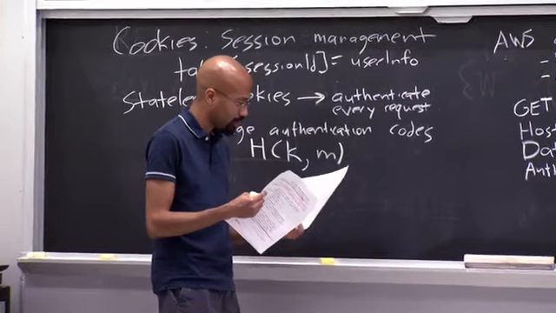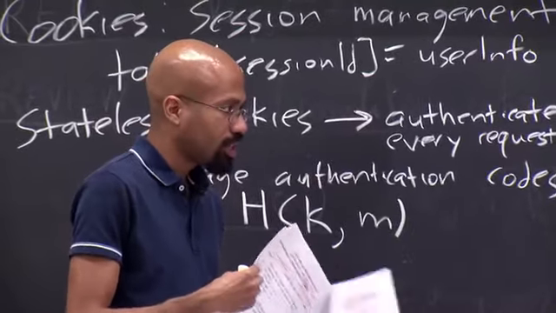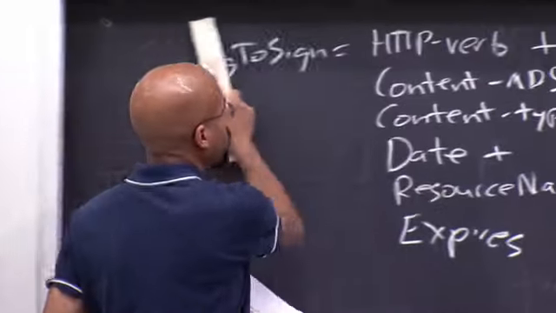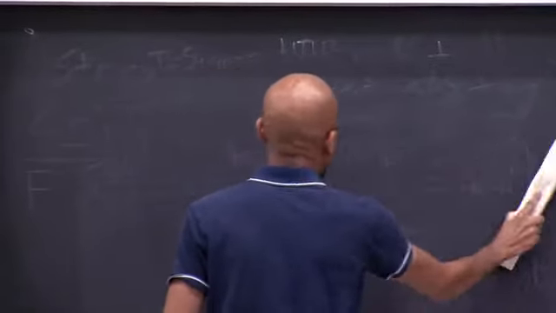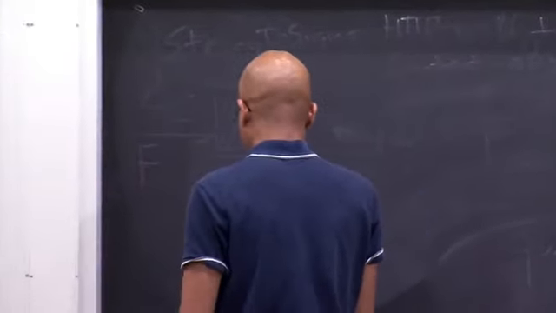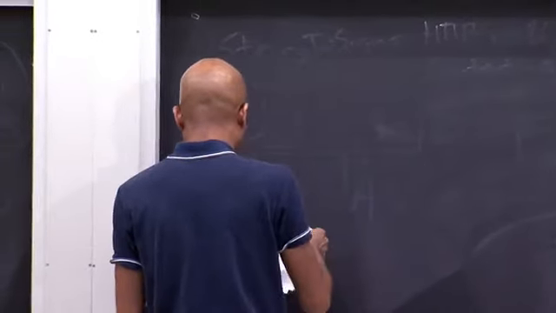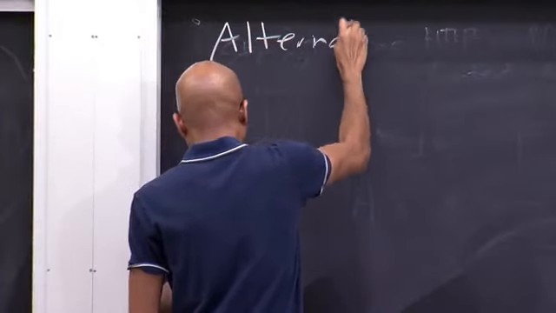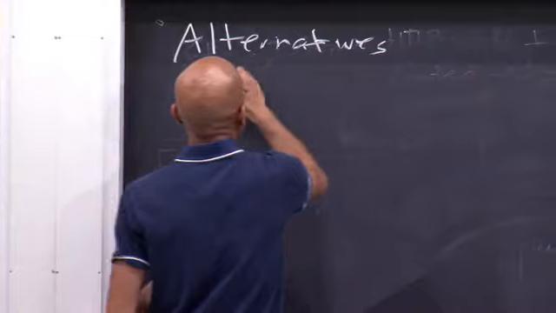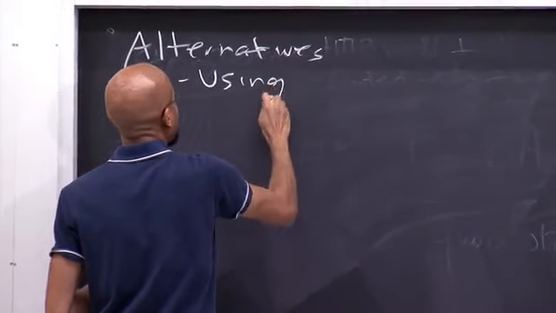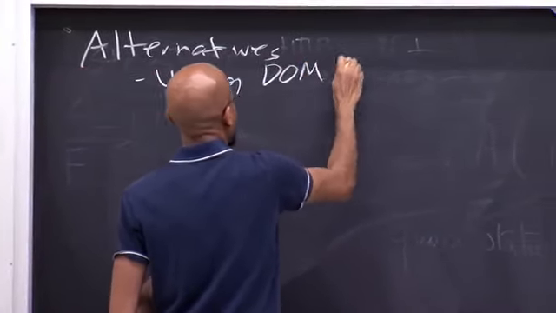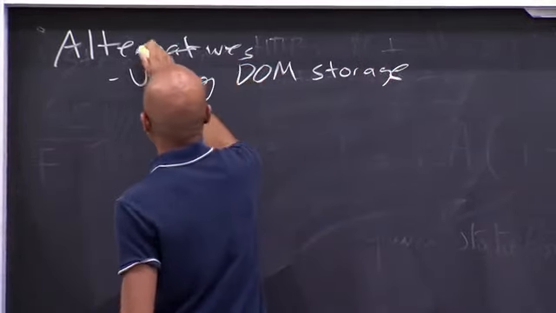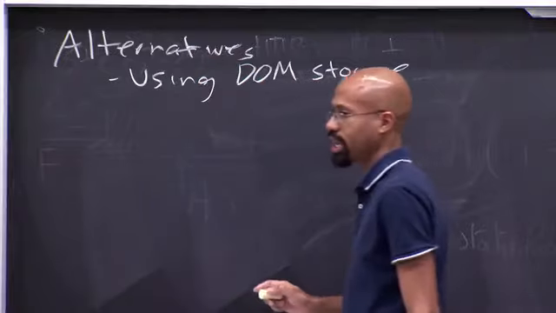And so there are also a couple other things that you can use if you want to avoid traditional cookies for implementing authentication. So one thing you can imagine doing is actually using DOM storage to hold client-side authentication information.